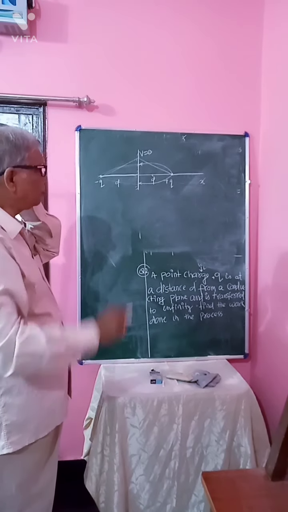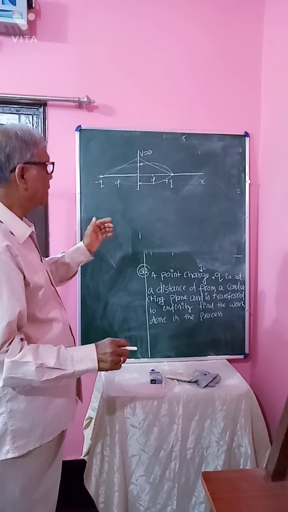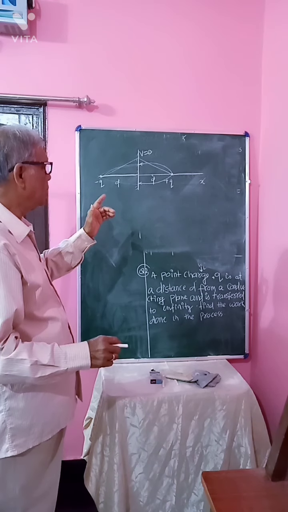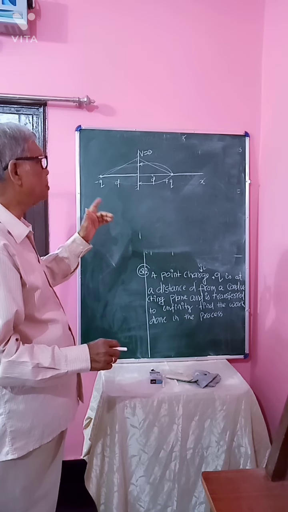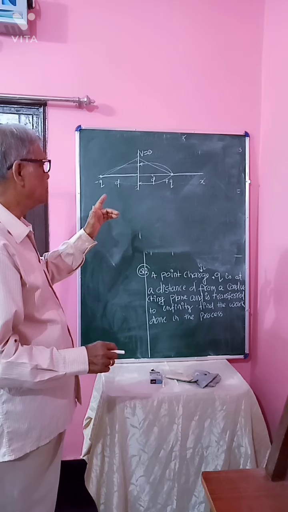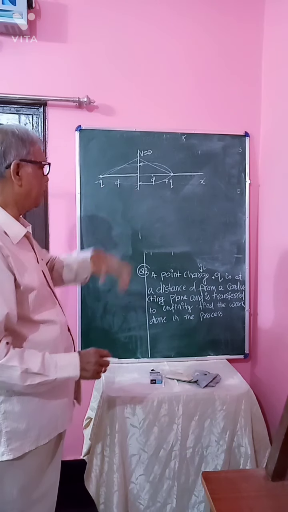Now, in our question, it is given that you have to find out the work required to transfer the charge plus q from the point, that is distance d, to infinity.